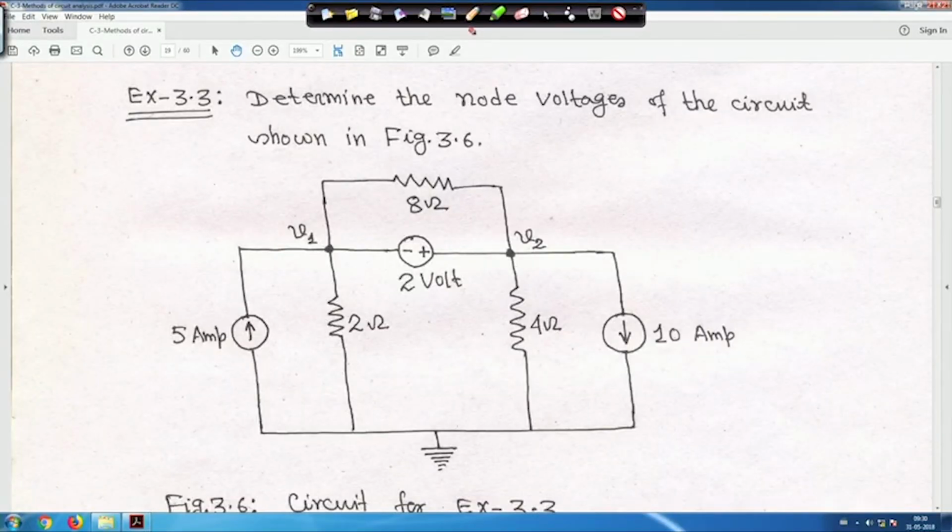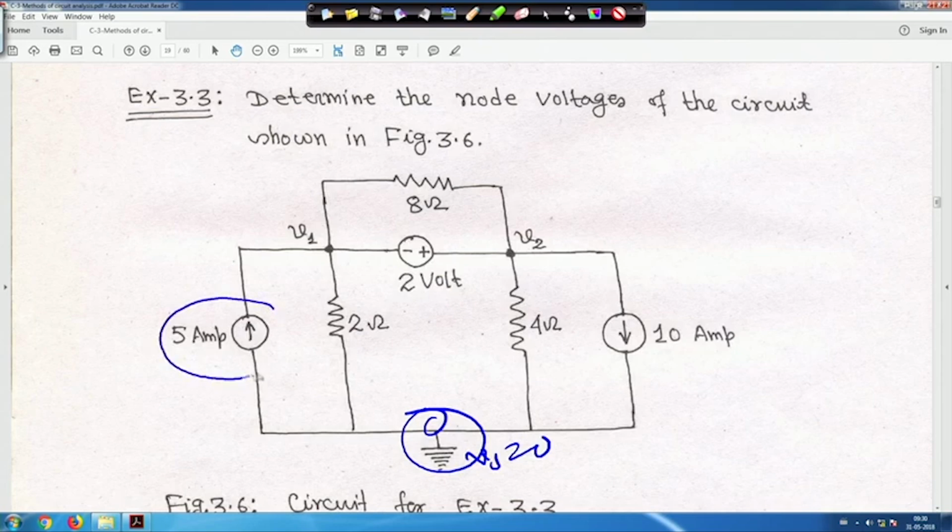Now, this example is actually a supernode, because this is your reference node, and its voltage is V0 equal to 0. One independent current source is connected at node 1: a 5 ampere current is entering this node.